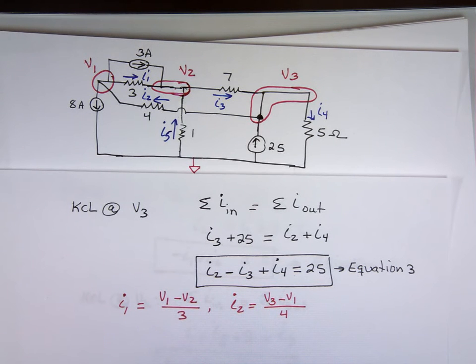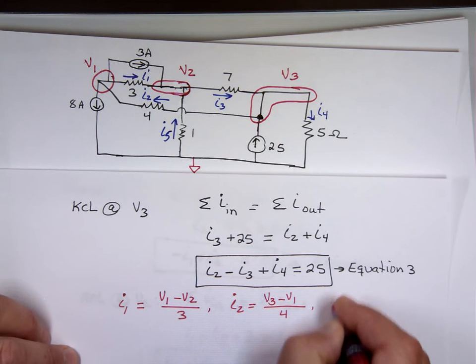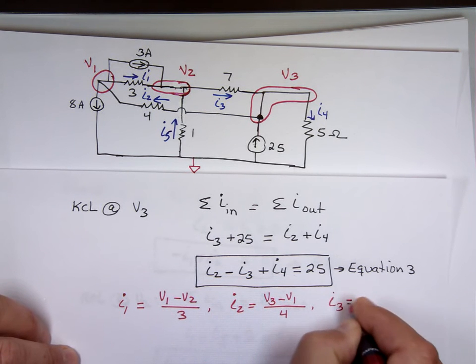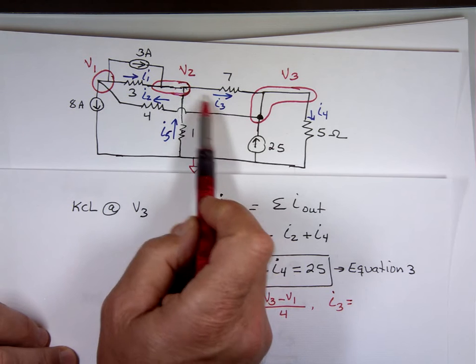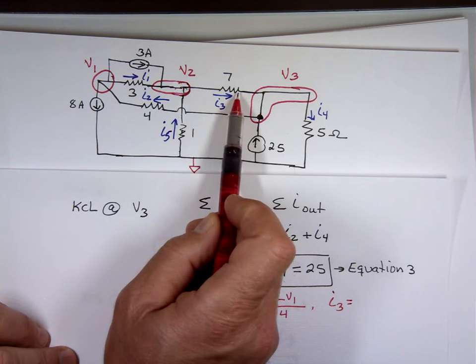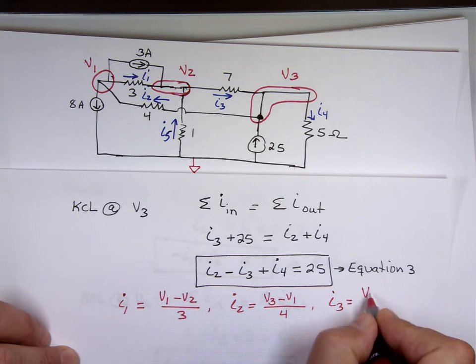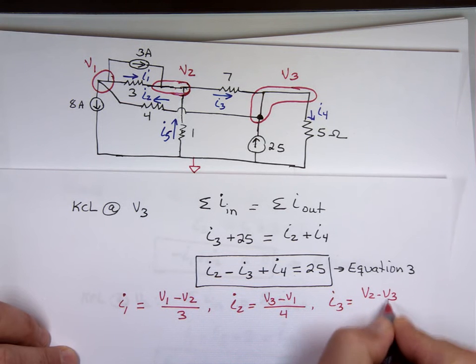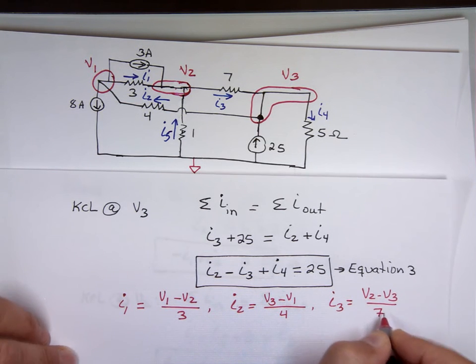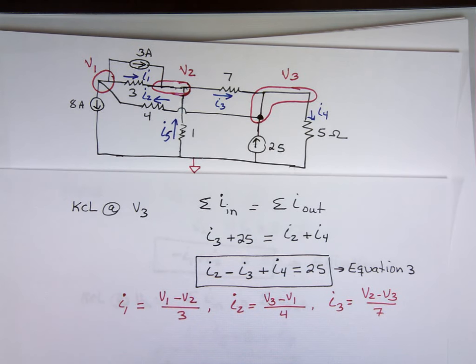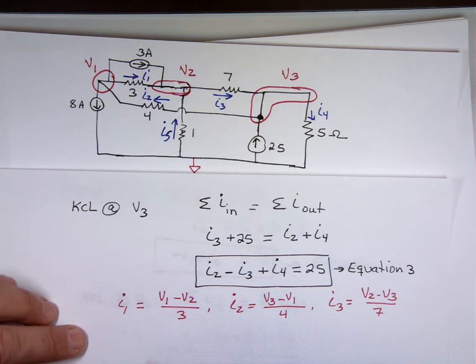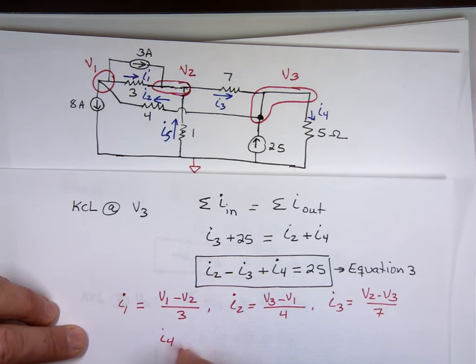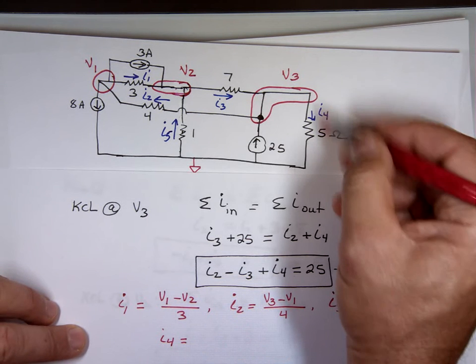I sub 3 is the current going this direction. V2 minus V3. Good. V2 minus V3 over what? 7. I get 2 more. I sub 4 and I sub 5. Where's I sub 4? I lost it. Oh, right here. So it's this voltage minus this.